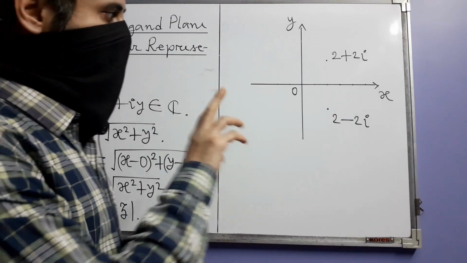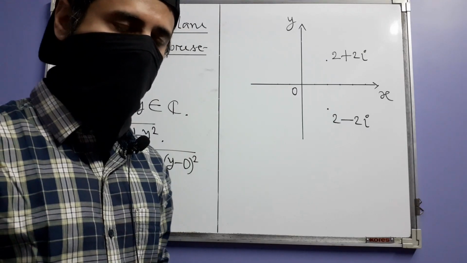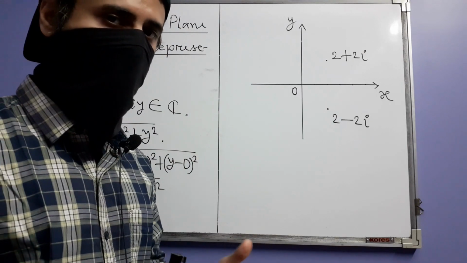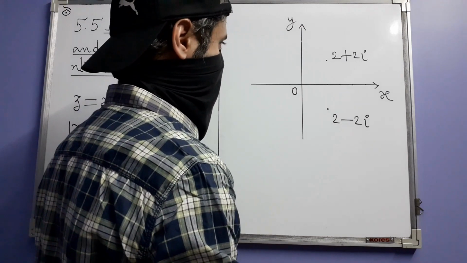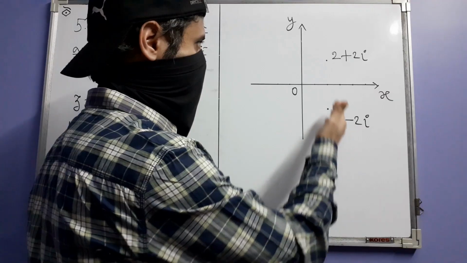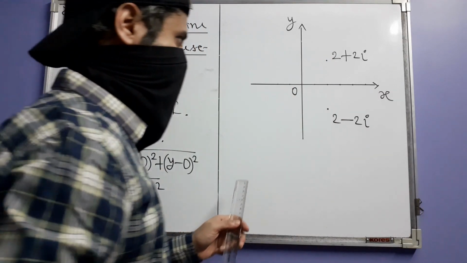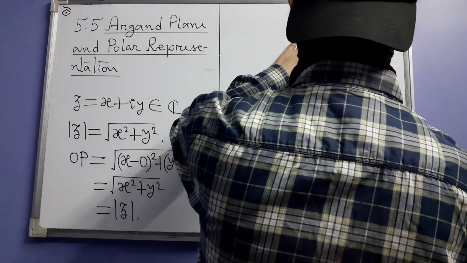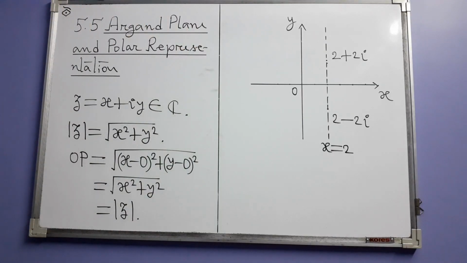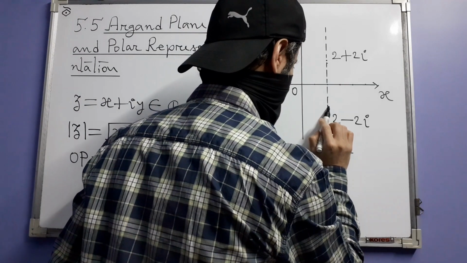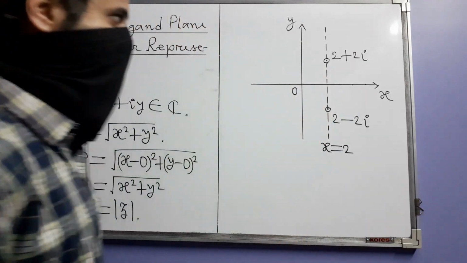Now, what places do they take in the complex plane? Let's see the relationship between these 2 points geometrically, the geometrical relation. If you draw the 2 points, you see that they lie along this vertical line, x equal to 2. And this is the complex conjugate and this is the original complex number.